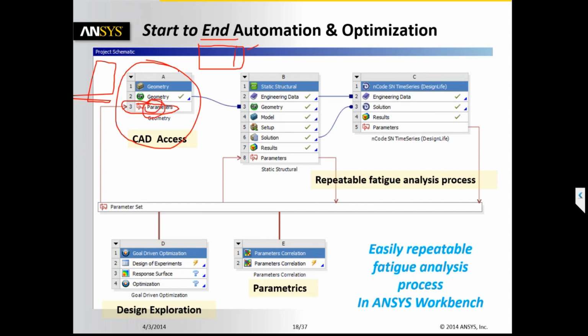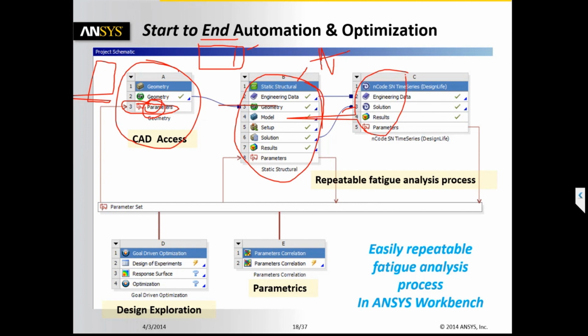We can set those as parameters, and these parameters will work within the DesignModeler to change the model continuously, and that can be taken into a static structural analysis to perform a single cycle of the stress levels. Then you can take it to ANSYS nCode DesignLife.